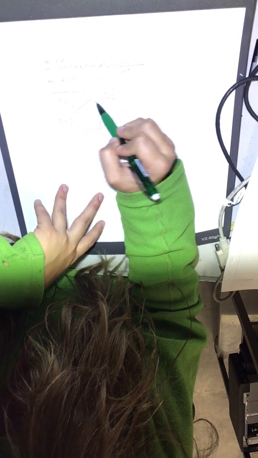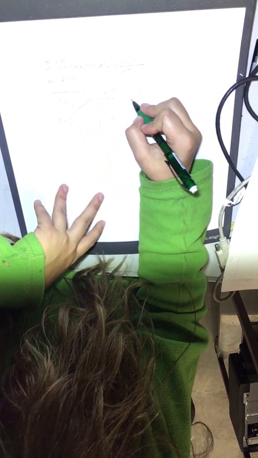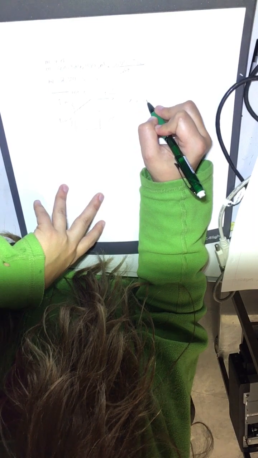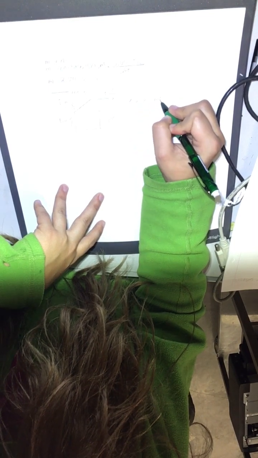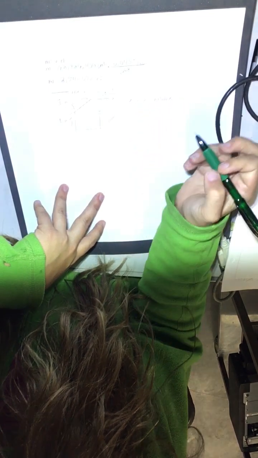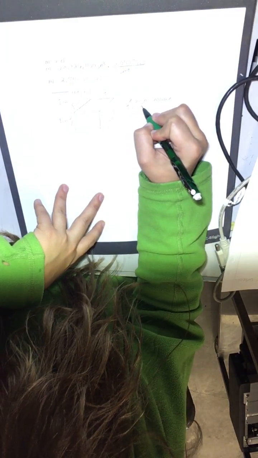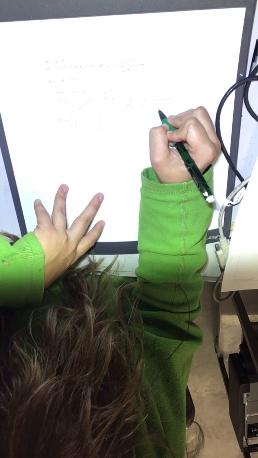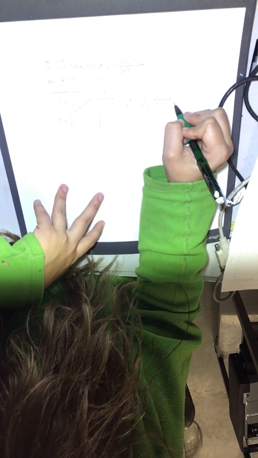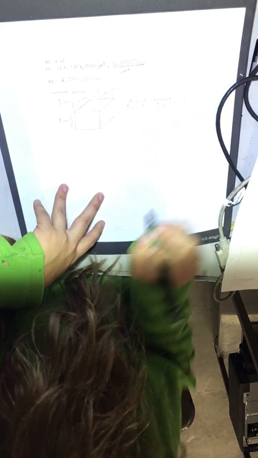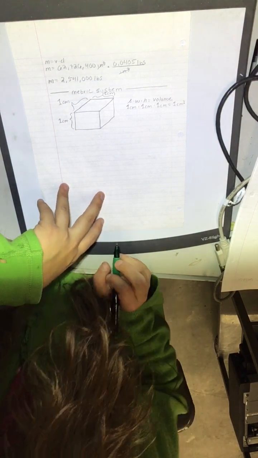Something times a length times a width is a volume. So for our instance here, we've got 1 centimeter times 1 centimeter times 1 centimeter equals 1 cubic centimeter.